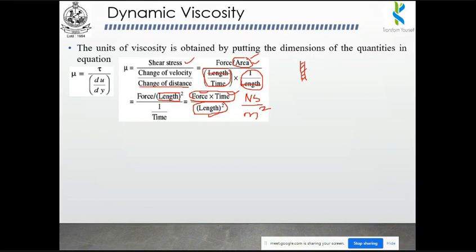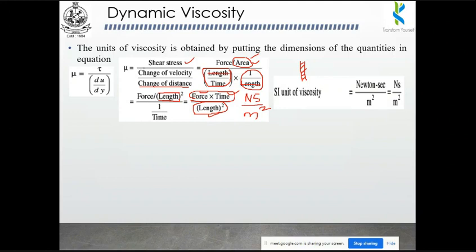So the SI unit for dynamic viscosity is Newton seconds per meter square.